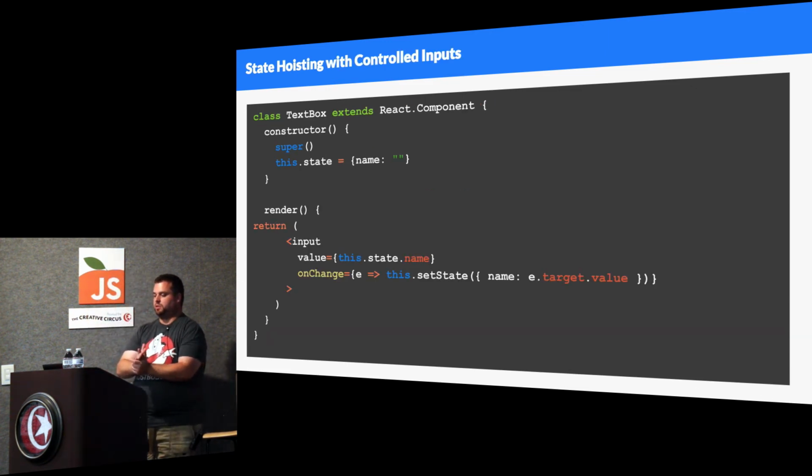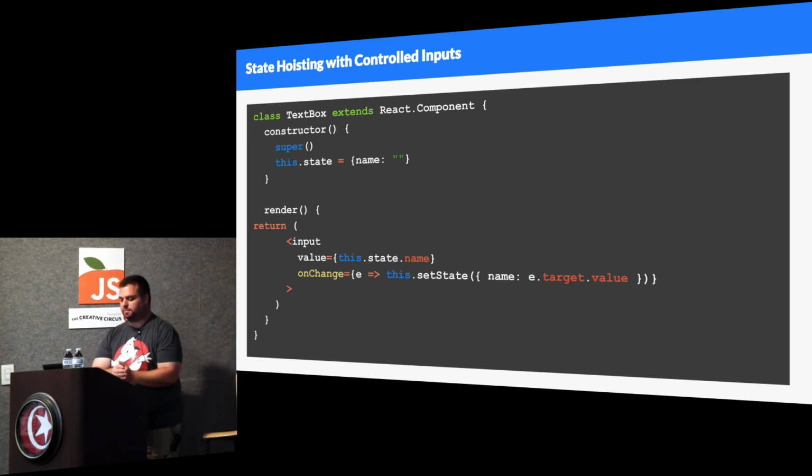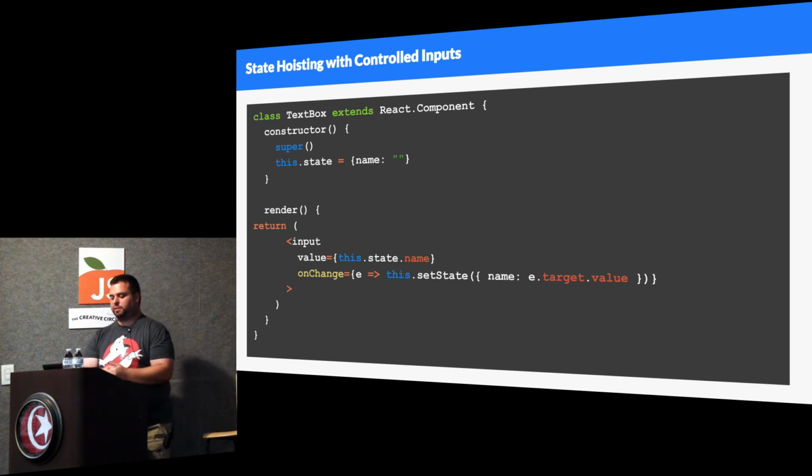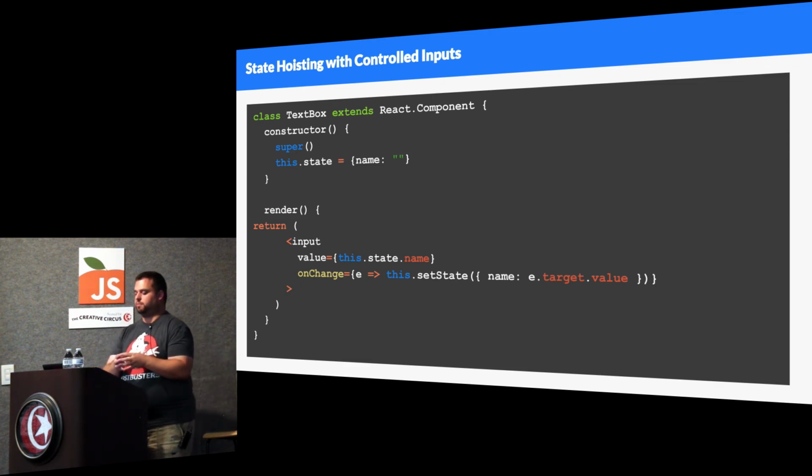Okay, so in the case of a text box, same kind of thing, right? The onChange is going to then set the state to where the name is going to equal the target value, which in this case is that particular input. So it keeps that local text box state together, and then allows you to keep it updated, and the value re-renders itself, that kind of thing.